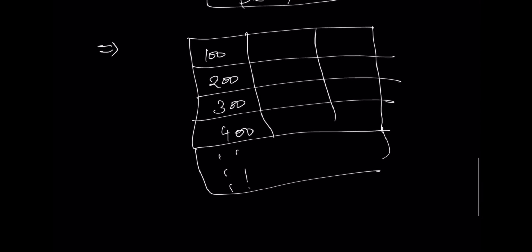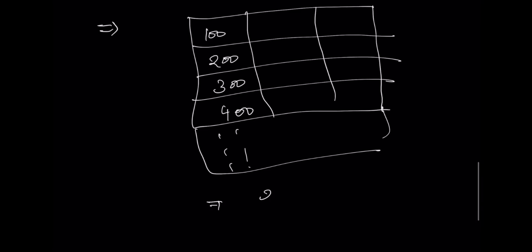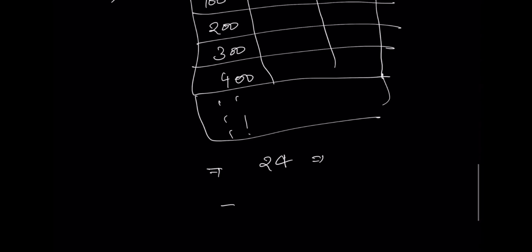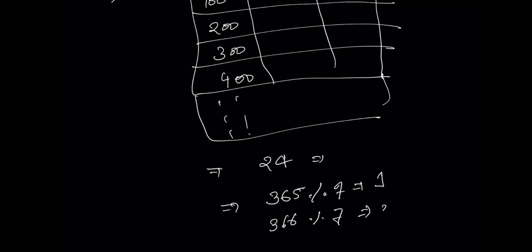For 100 years we already know there are 24 leap years. Now the second thing we want to know: in a normal year there are 365 days, and if we take modulo 7 we get 1. But a leap year is 366, and taking modulo 7 we get 2.